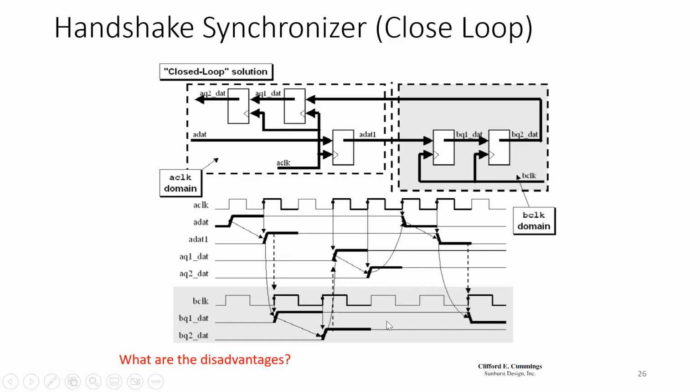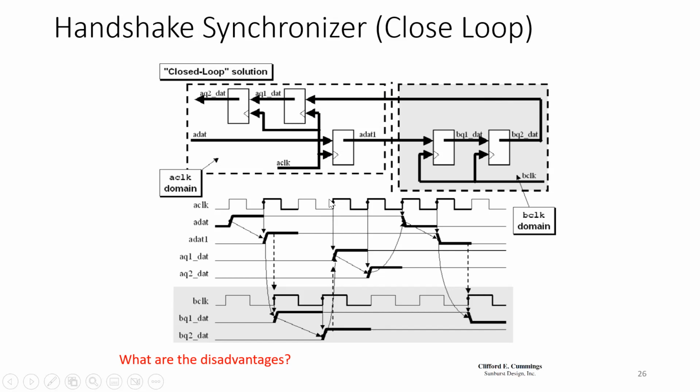Now I have this BQ2 here high, and it is being fed back to AQ1. Please note, AQ1 is working at the A clock. So when A clock has a rising edge, AQ1 data will go high.